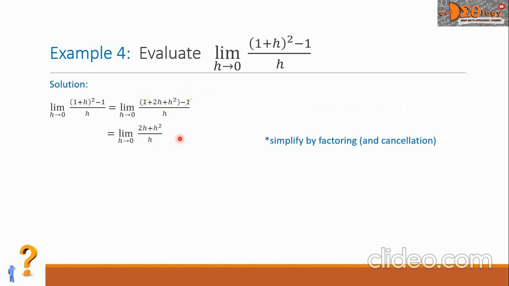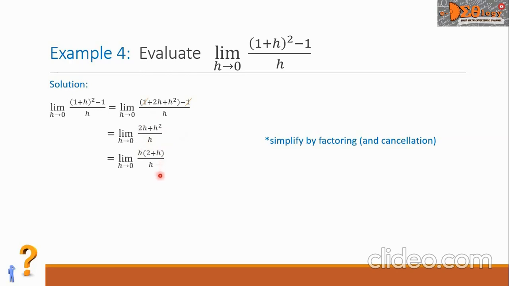Look for possible cancellation. In our numerator, there is a common term, that is h. So we pull it out. Our numerator now becomes h times the quantity 2 plus h, all over the denominator, which is h.